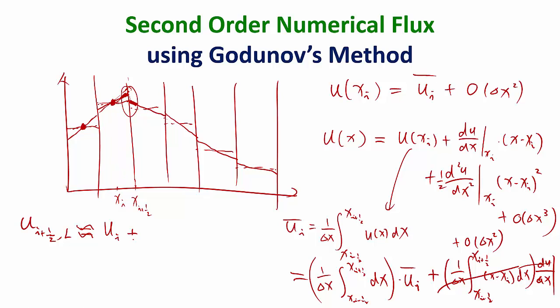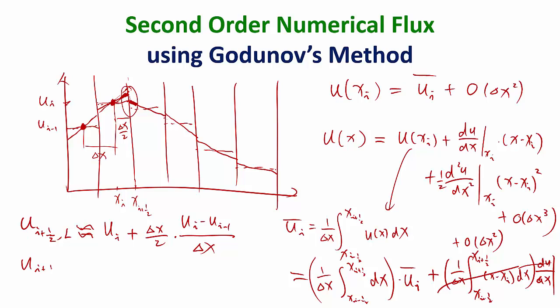Plus half of delta x times the slope here. The slope is ui minus ui minus 1 divided by delta x, where delta x is the distance between these. So this is a good second order approximation of the left value here.